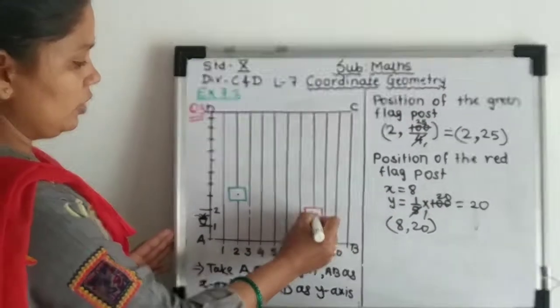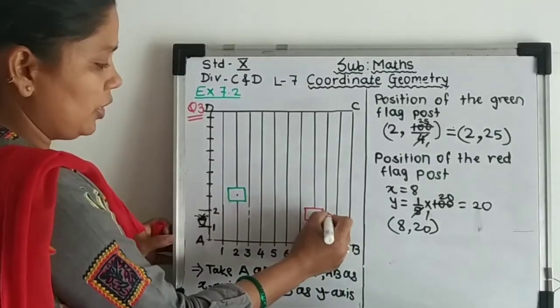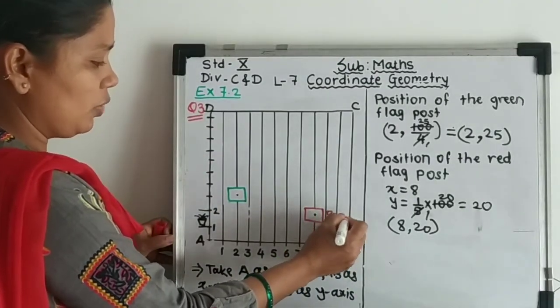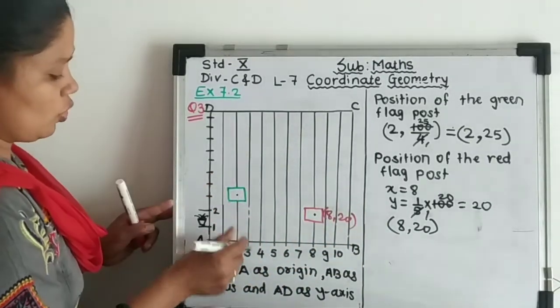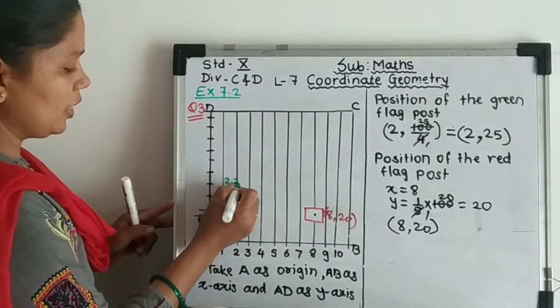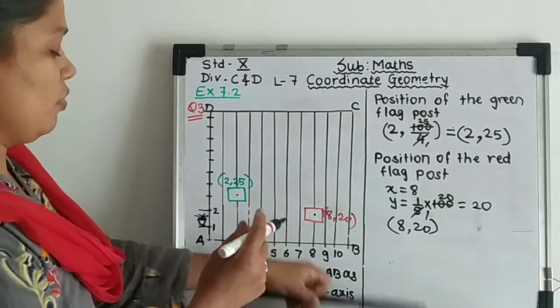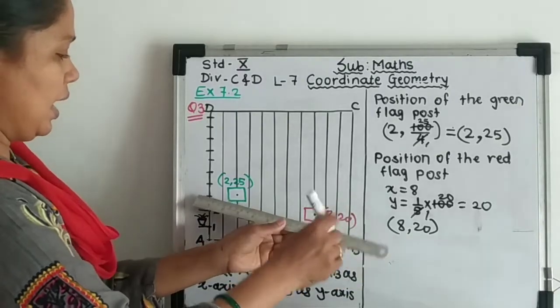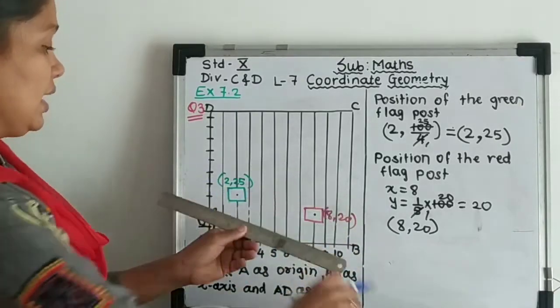So this point shows (8, 20) and this coordinate shows (2, 25). Right?